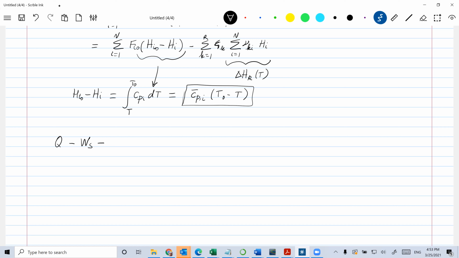It's not actually complicated much. So in any case, this is the energy balance, at least when we have an average molar heat capacity.